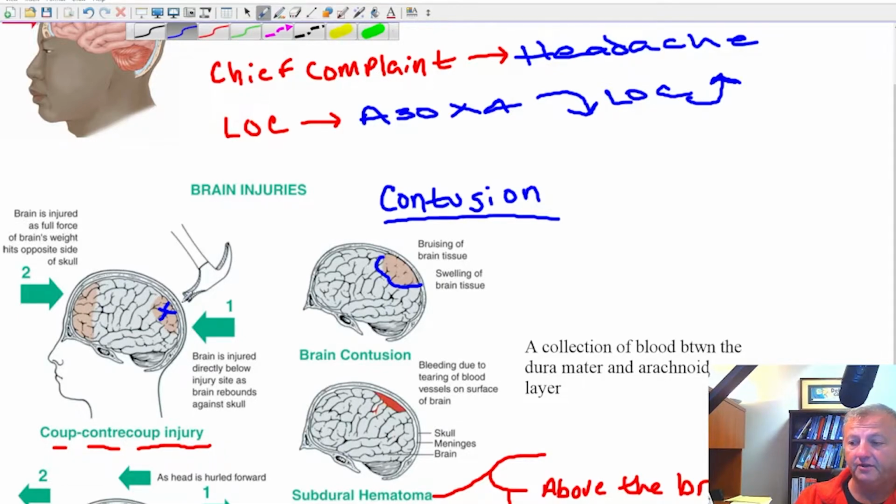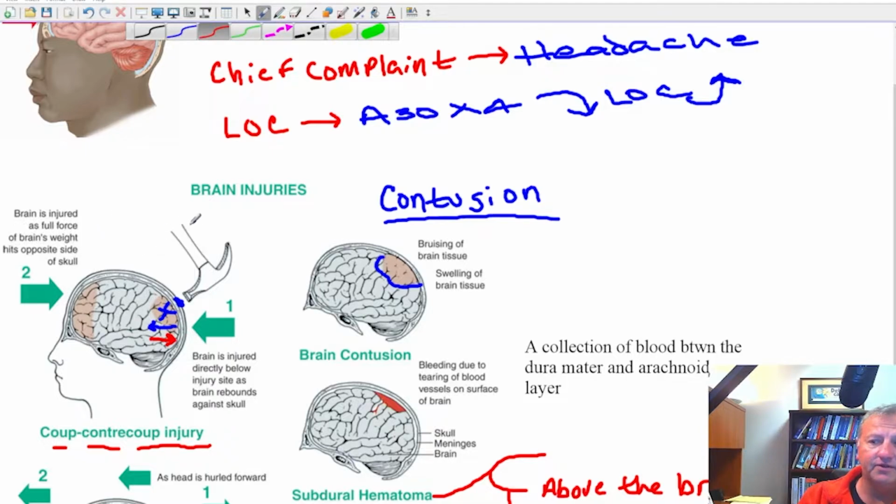You're going to have injuries to the skull from being hit in the head with the hammer. So there's that, but this brain tissue is going to go forward. And then what's going to happen? Well, if it goes forward, at some point in time it's going to come backwards to its resting place. And right there, it's bouncing off the skull. So there is an injury there as well.